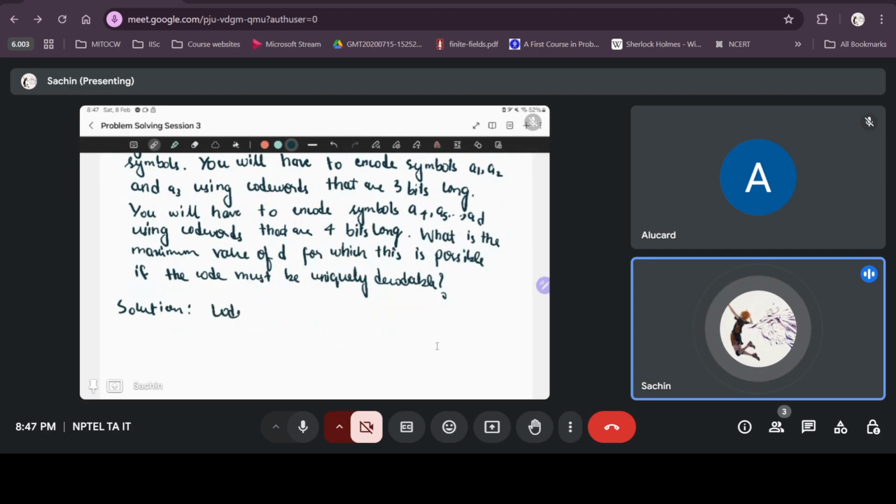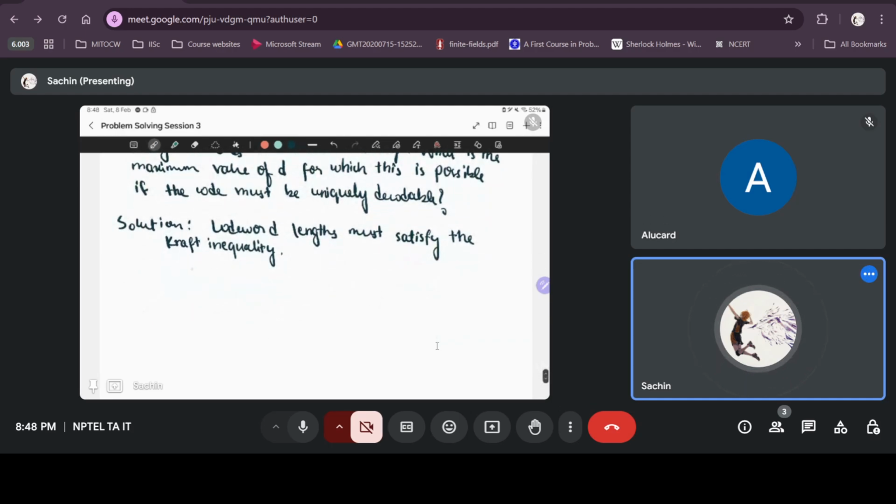So for uniquely decodable code words, code word lengths must satisfy the Kraft inequality.